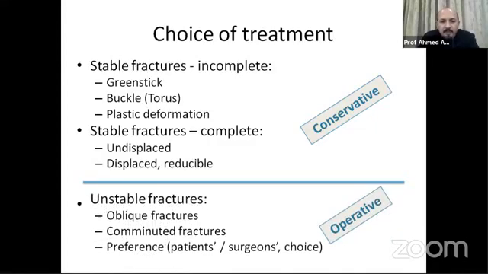Operative treatment is for unstable fractures, which may be oblique or comminuted. Sometimes it is the preference of the patient or the surgeon, an overweight child, difficult care of the patient, like mentally retarded patients, and some other special situations.